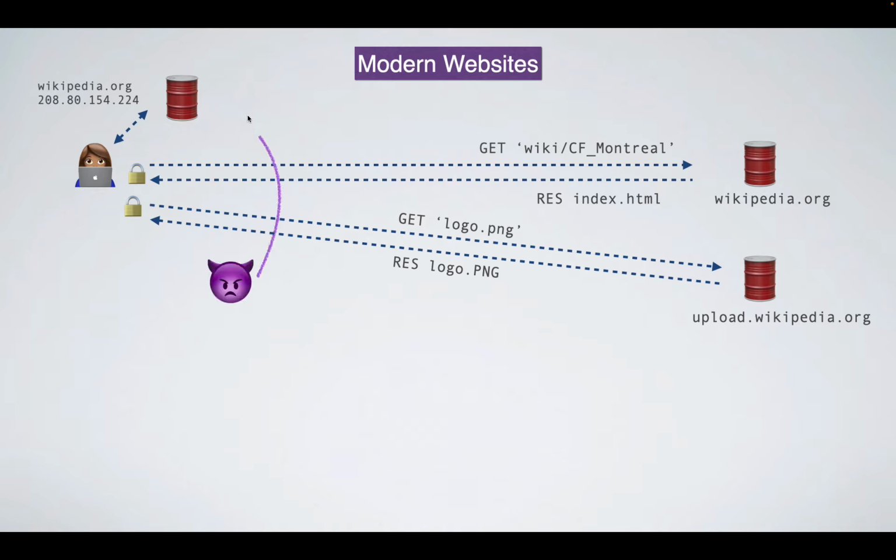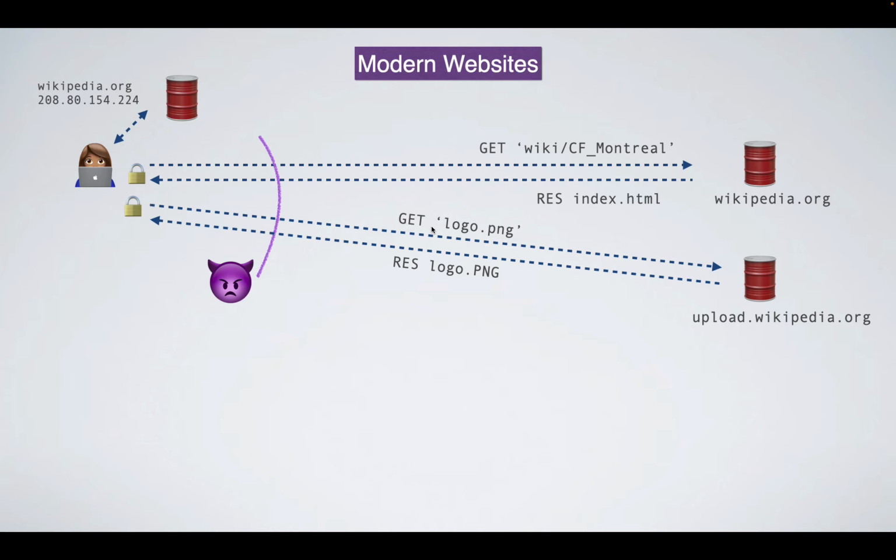Now we could have an adversary in the middle of both of these connections. Again, all they see is Alice in this case is talking to Wikipedia, and Alice is also interacting with upload.wikipedia.org. They don't know the path, so they don't know I'm looking at CF Montreal. They don't know the HTML, so they can't read the article I'm looking at.